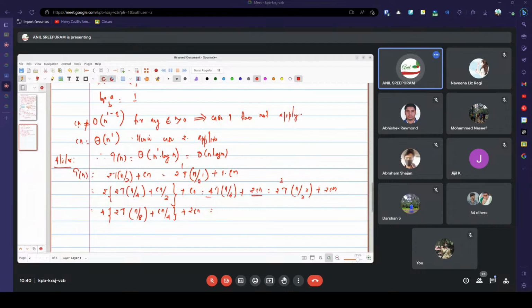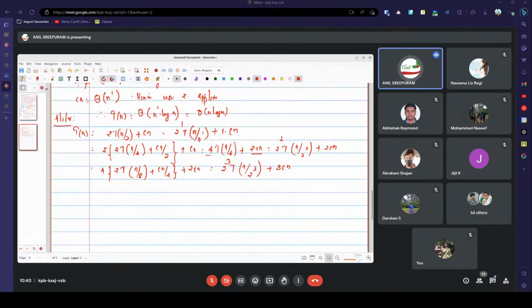That's equal to 8T(n/8), that is 2 cube T(n/2 cube), plus 4 into Cn/4. That is Cn plus 2Cn, that is 3Cn. Now if you continue like this, what you will get is 2 power k T(n/2 power k) plus kCn.